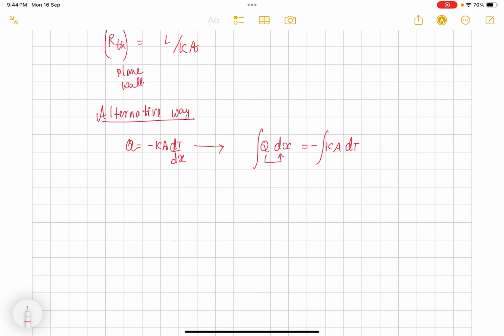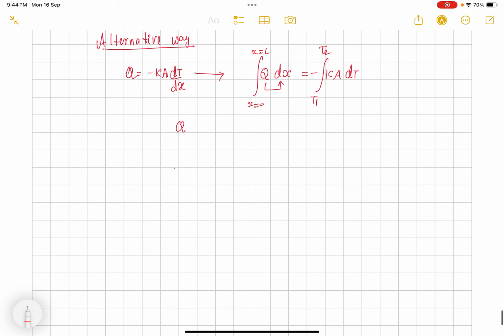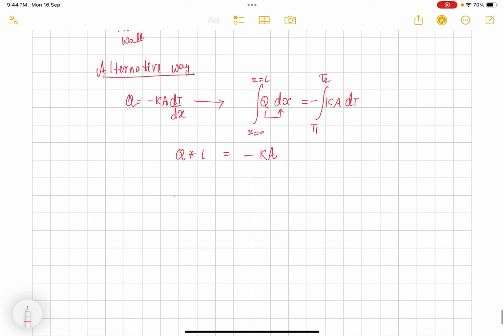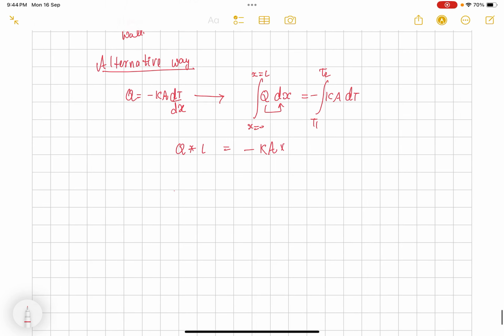Integrating from T1 to T2 on the right hand side, and from x equal to 0 to x equal to L on the left hand side, Q can be taken out, times L. By integrating we can get that, and K and A are constant with respect to temperature, so we can have T2 minus T1.